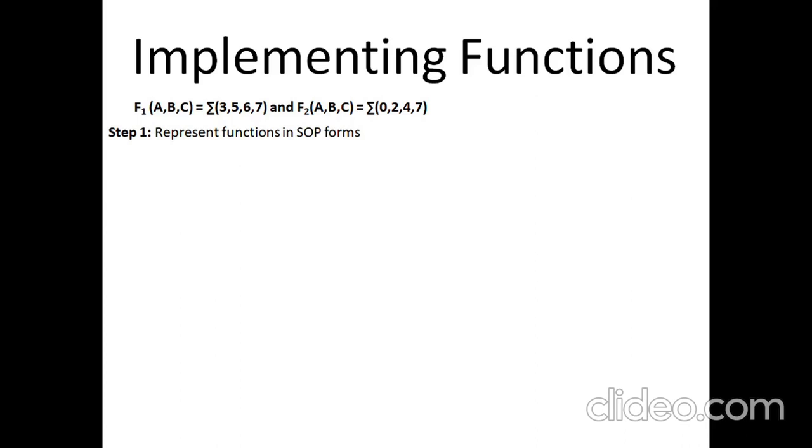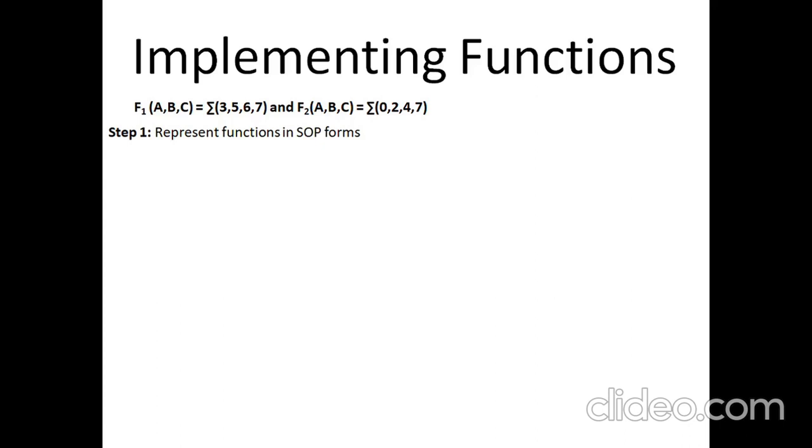So if these two functions are given in the sum of minterms form, in the truth table form, or in the standard form, they can be simplified using the K-map method. Whatever form you are comfortable with, just convert the Boolean functions to that form and then simplify them using K-map and represent them in the simplified sum of product form.